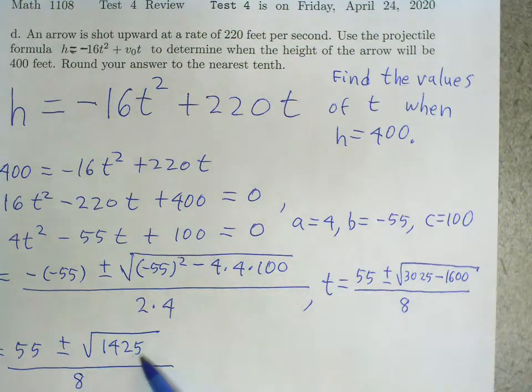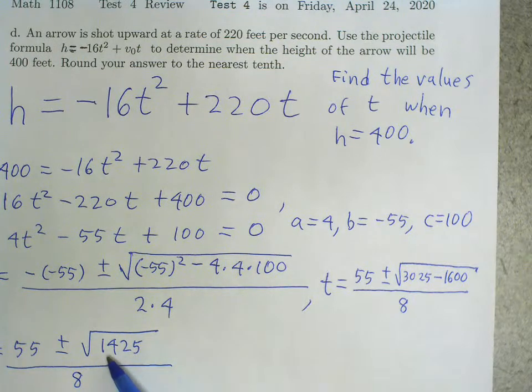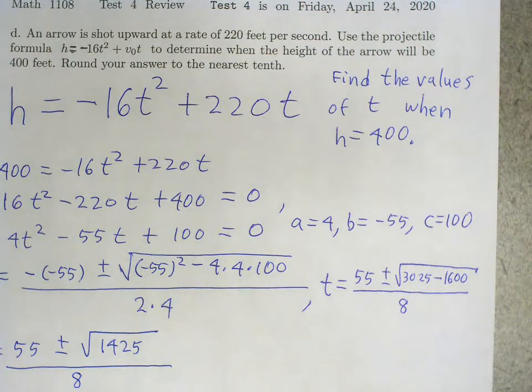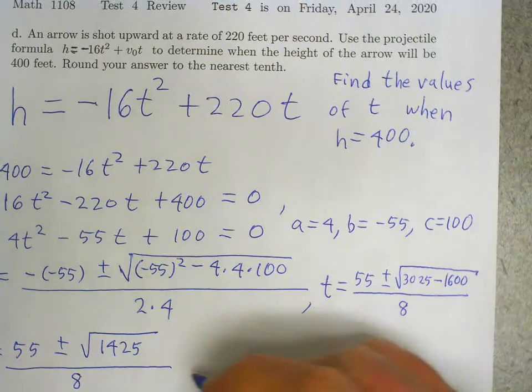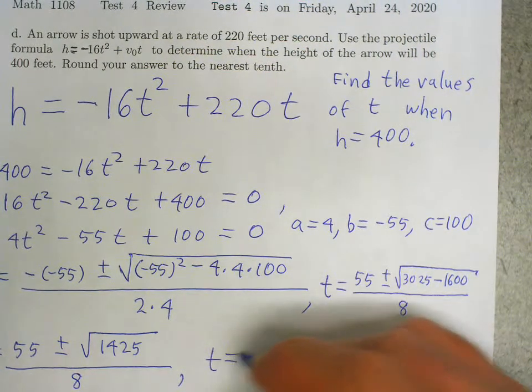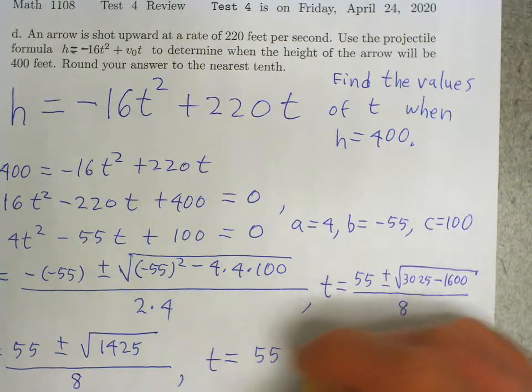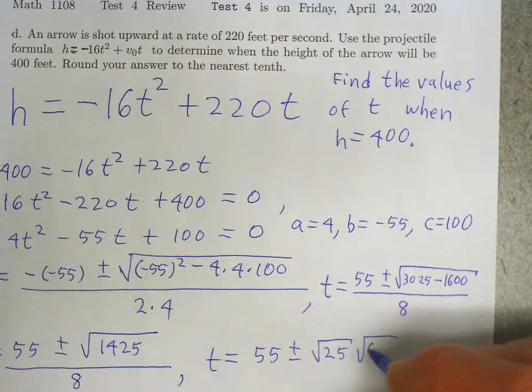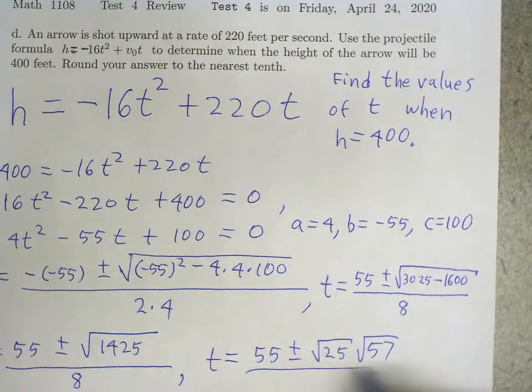Note that 25 is a factor of 1425. 25 will go into 1425 57 times. So let's write this as t equals 55 plus and minus the square root of 25 times the square root of 57, all divided by 8.